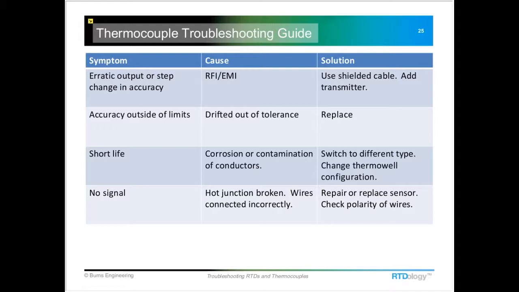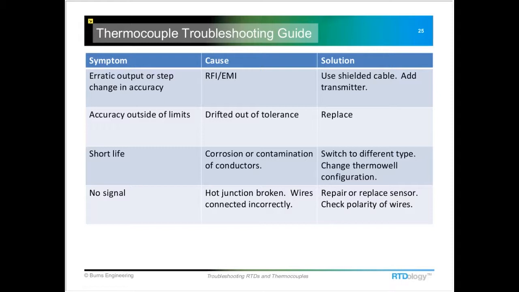The 4 to 20 is much more resistant to any kind of interference. With a thermocouple, it generates a millivolt, and anytime you're trying to measure something that small, it's going to be difficult to do and easily interfered with.